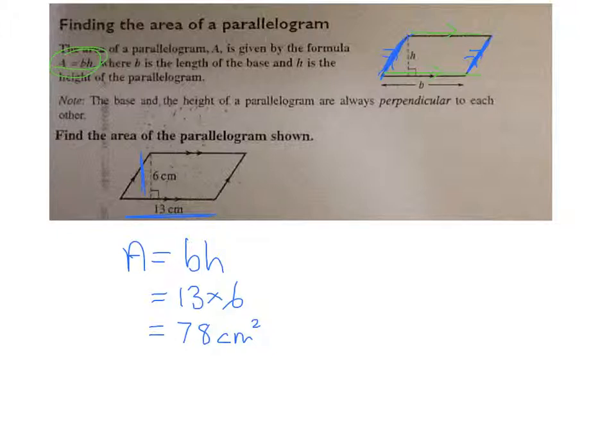As another example of the type of thing you could encounter, if we had a parallelogram drawn like so, with the top and the bottom parallel to each other, and the left and the right sides parallel to each other.